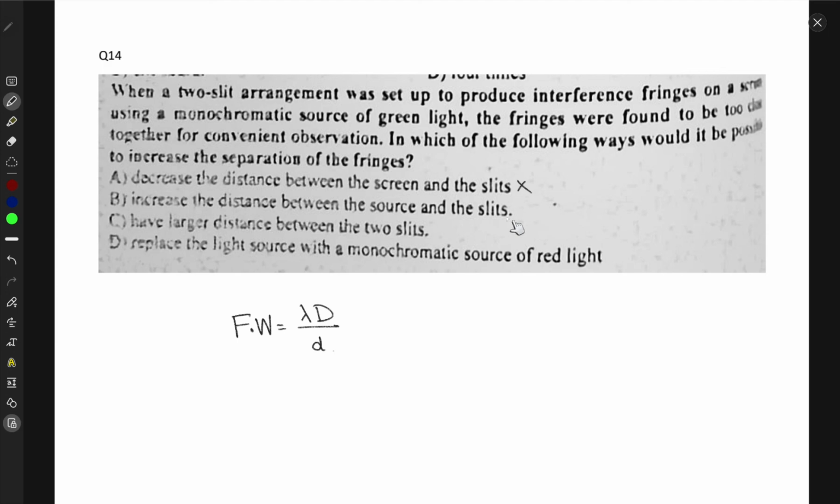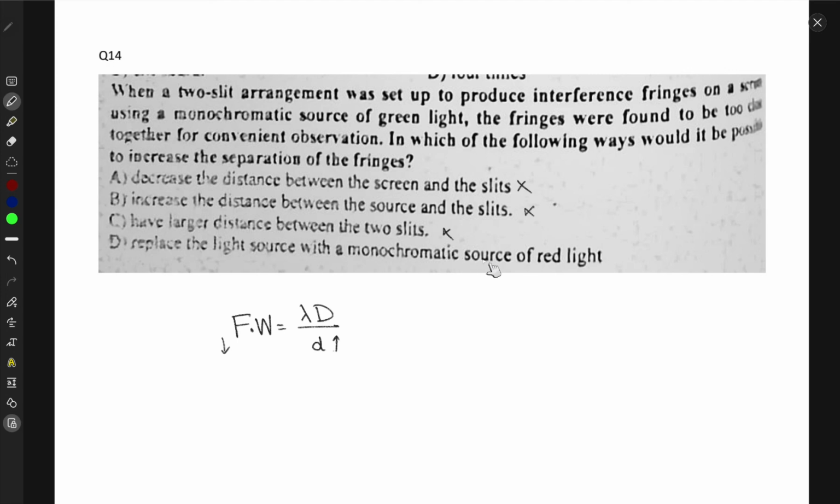Again, this is not going to work, because if you're increasing the distance between the source and the slits, that's not changing the fringe width. So that's not working. Have larger distance between the two slits. If I increase this small d, then the fringe width would again become smaller because it's inversely proportional to this. So that's not going to work.